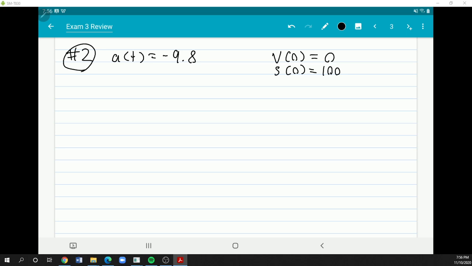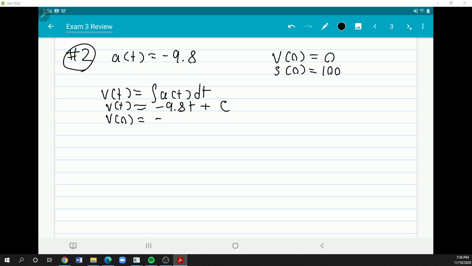So I have acceleration. V of t is the antiderivative of a of t, or I can write it this way. This is going to be equal to minus 9.8 t plus my constant of integration c. But I can solve for that, so let's go ahead and do that.